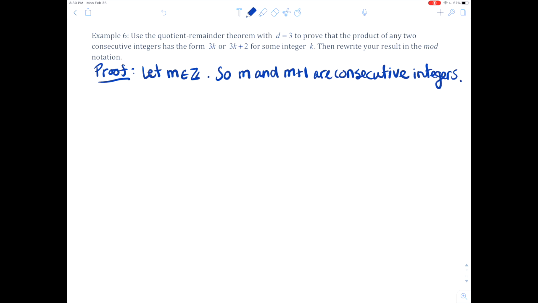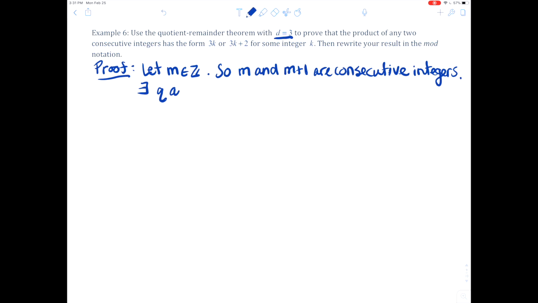Well, there has to exist some q and r which belong to the integers such that m is equal to 3q plus r. And that, of course, is by theorem 4.4.1.